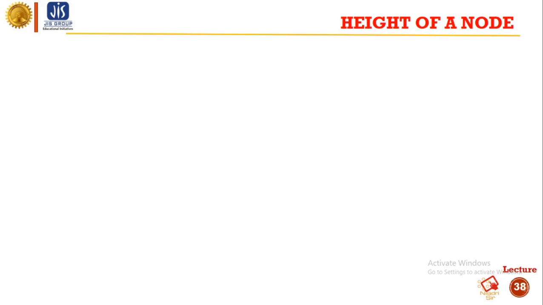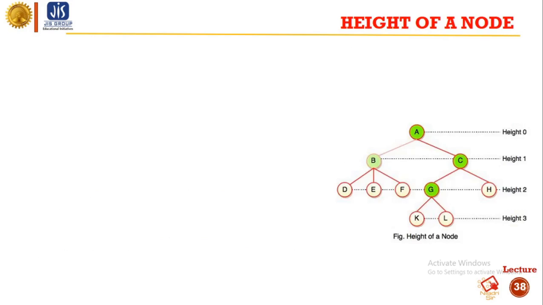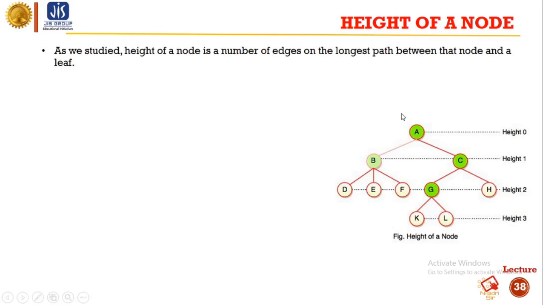Now what is the height of a node? As you can see in the pictorial representation, as we studied, the height of a node is the number of edges on the longest path between that node and a leaf node.